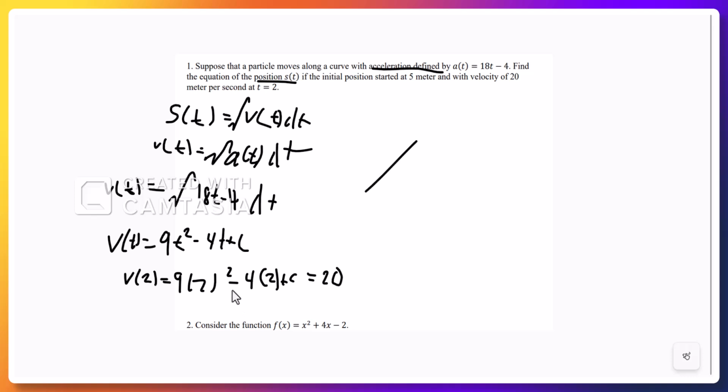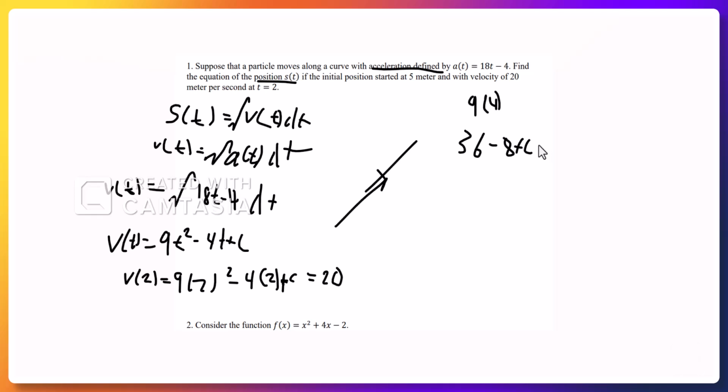Now we're going to do some algebra to find what c is. So we have 9 times 4, which is 36, minus 8, plus c equals 20.